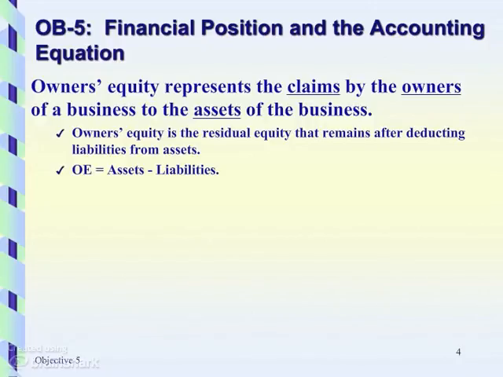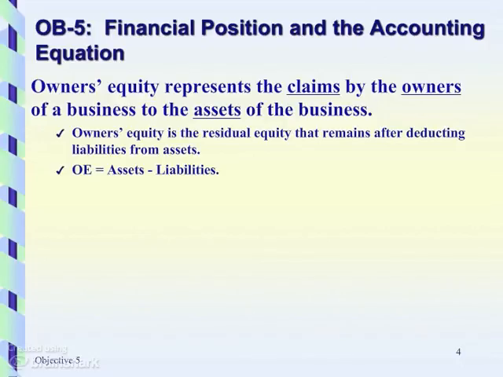Owner's equity is essentially the residual equity that remains after deducting the liabilities from the value of the assets. If a business sold off all of its assets, the value of the assets goes to the owners after paying off the creditors.